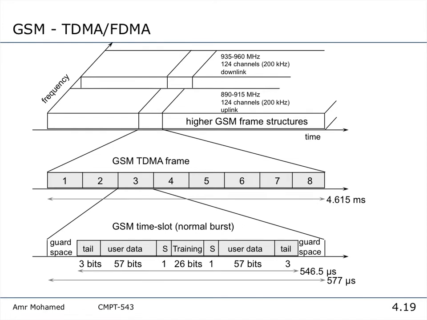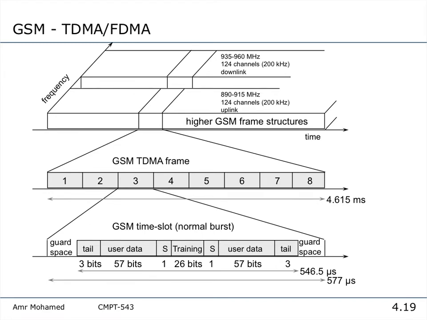So, of course, depending on whether the mobile station is far from the base station or close to the base station, the propagation delay may be more or less. So I need to have some guard space to make sure that there will be no overlap between the time slots. If I take away the guard space, I will end up with around 500 microseconds for the frame.